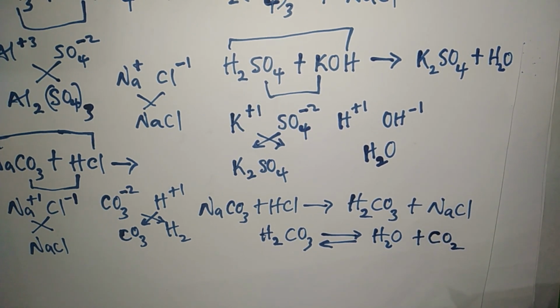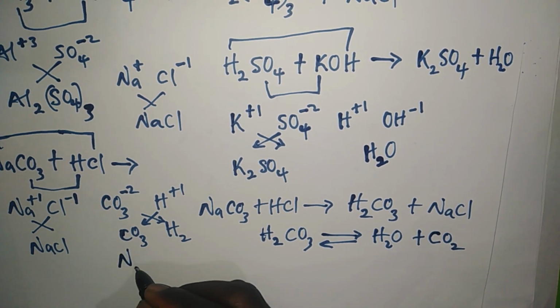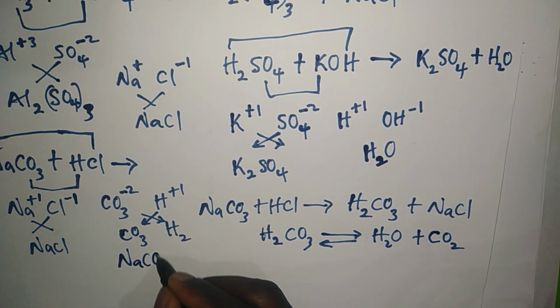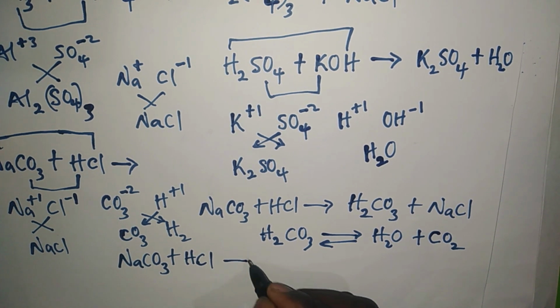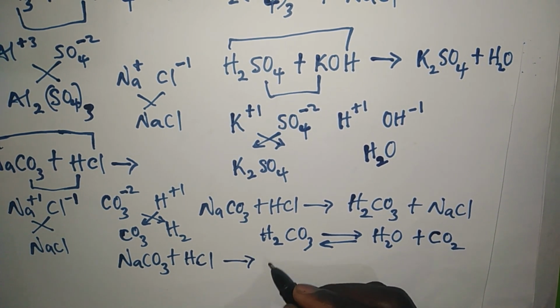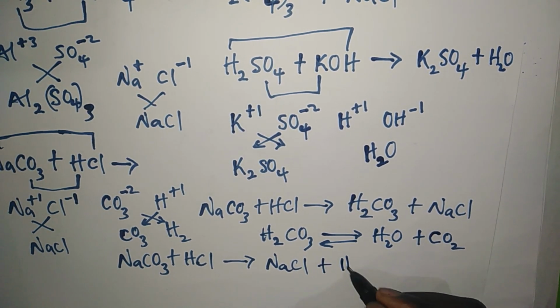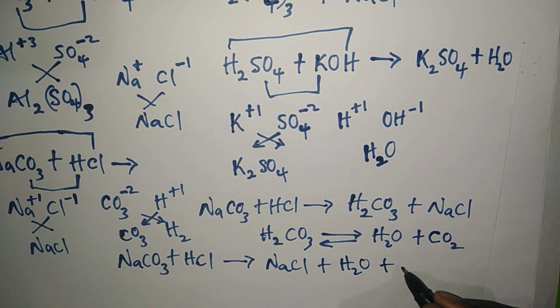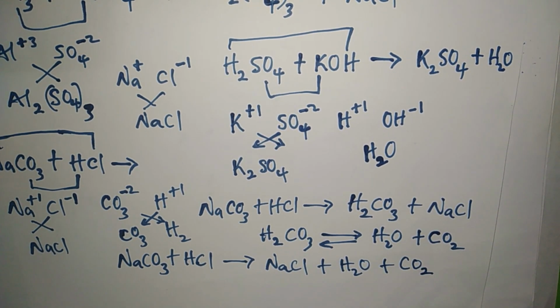Right? Now, our final product is going to be, let me rewrite the whole thing. Sodium carbonate plus HCl. Then our product is going to be what? Sodium chloride plus H2O plus CO2. So this is our final product.